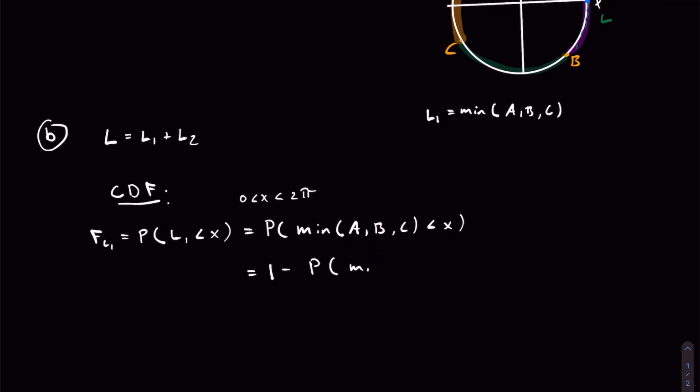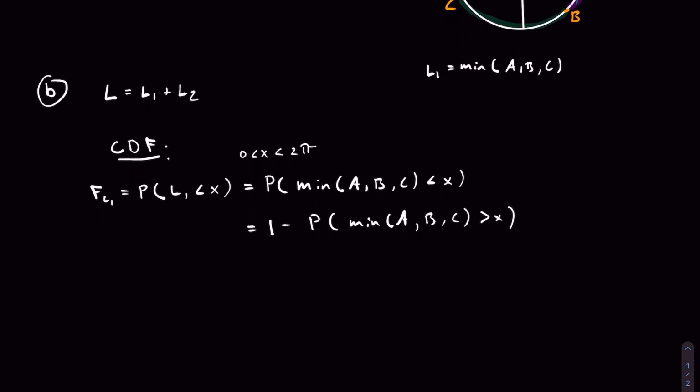So minimum of A, B, C larger than X. Now, by thinking about the minimum, it's easier to say that basically A has to be larger than X, B has to be larger than X, and then C larger than X. And that's why we take the complement, because then this statement has to hold true for all these random variables.